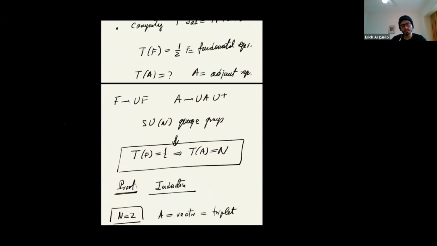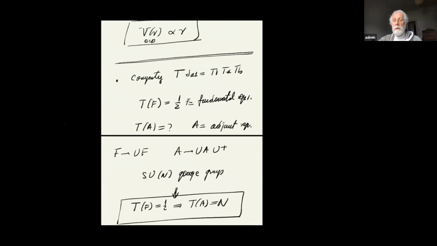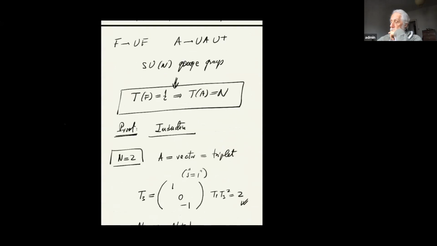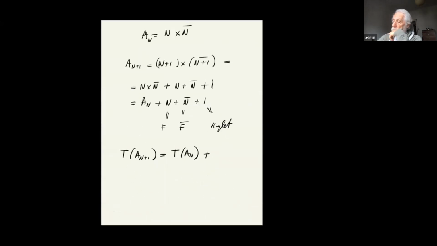It's a half. That's how we normalize it. All SUN groups must be normalized to half because SU2 is a subgroup of SUN. And of course, anti-fundamental is the same. It's just done through the complex conjugate. It's a half, and the singlet is a 0. But I assume that T of n is n. This was the assumption. And I get n plus 1. Checks, QED.